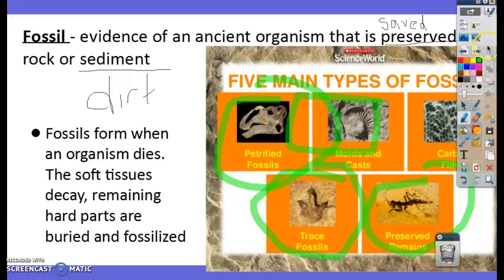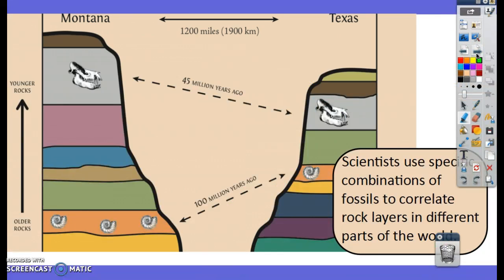Now, when scientists look at fossils, they can help figure out the ages of different rocks. If we look at this picture, one scientist goes to Montana, notice on the left here, we've got Montana. Another scientist goes to Texas, and they're looking at rock layers. You might have seen like on the side of the road that there's rock layers.